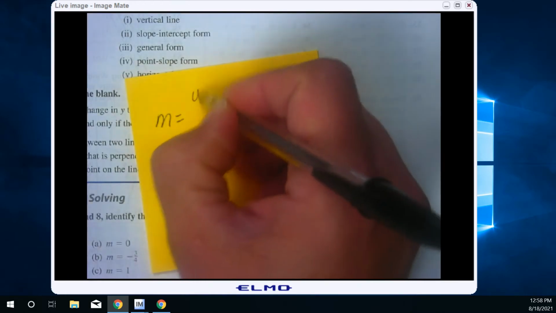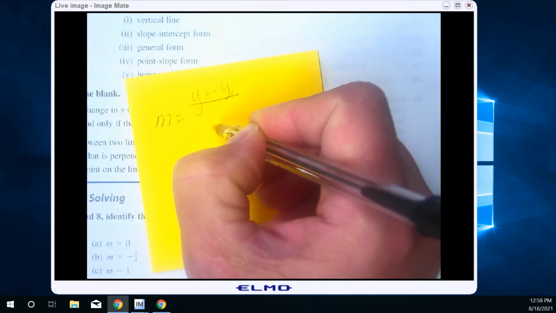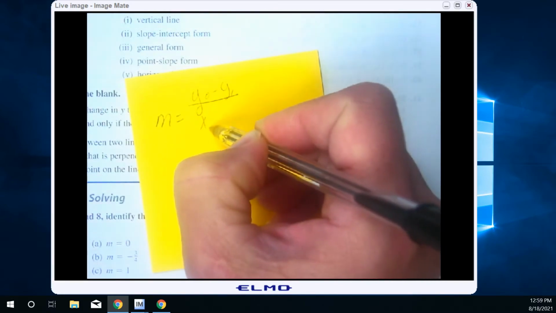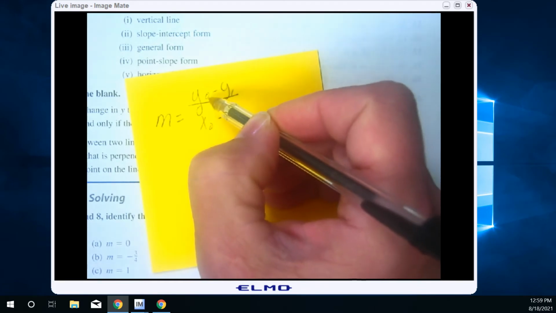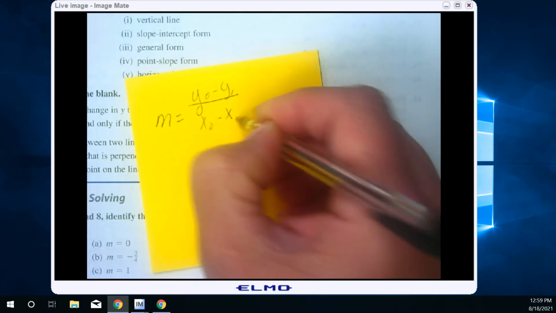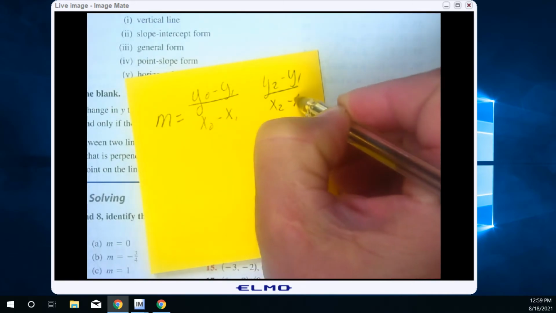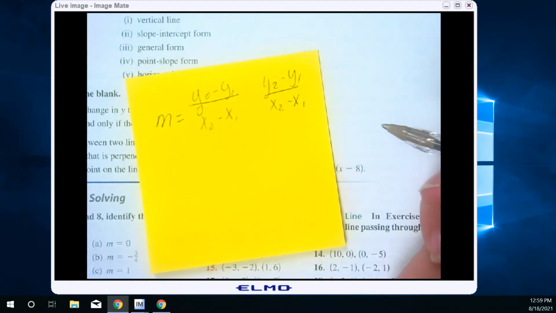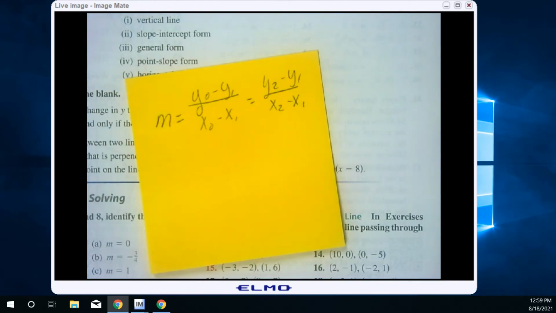Y2 minus Y1 over x2 minus x1. Okay, if you used y0 and y1, use x0, x1. If you used y2, y1, then use x2, x1. Either one of those is fine.